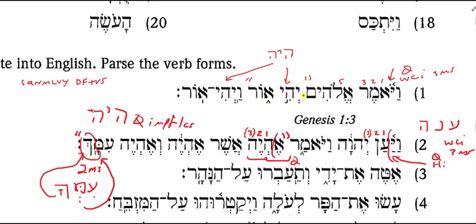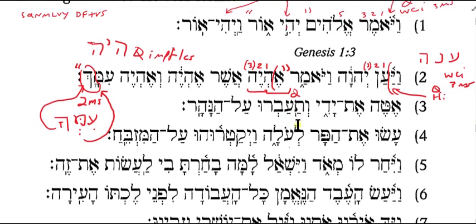Cal Jussive, and this is Cal WCI, 3MS. Okay? So Cal WCI in the second one, Jussive in the first, 3MS. And so we want to translate this as let light be, and as a result, light happened.